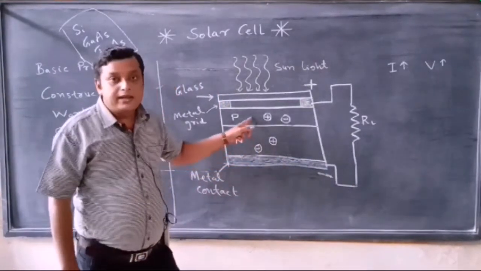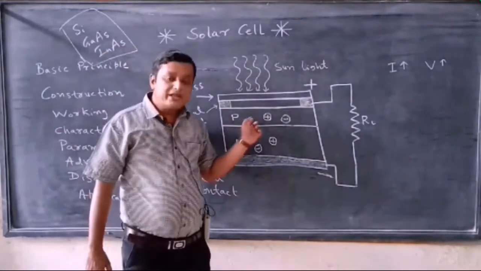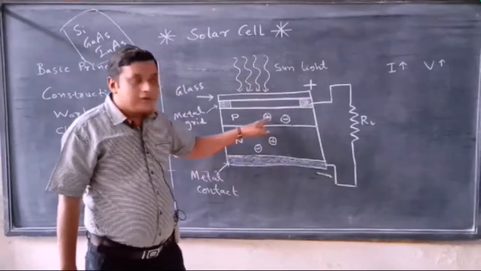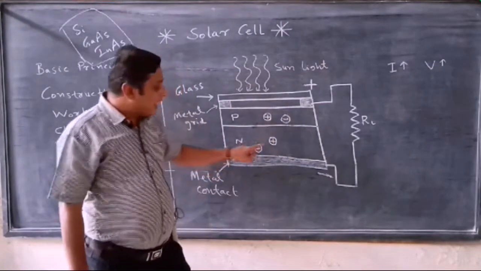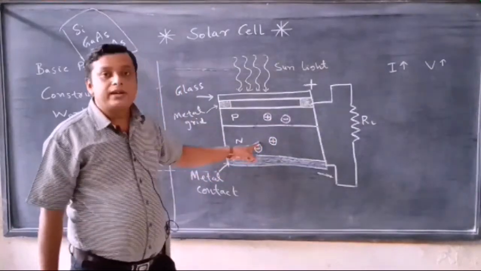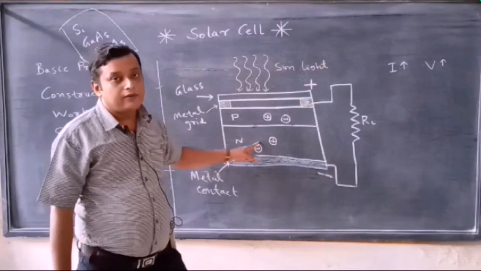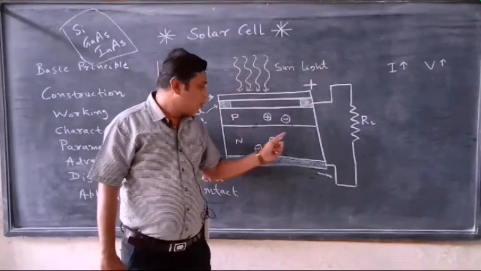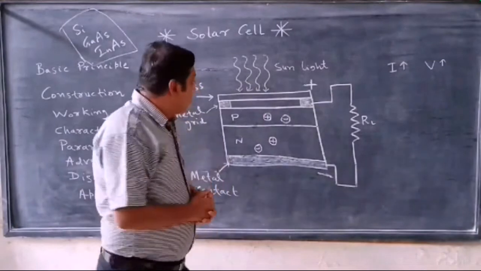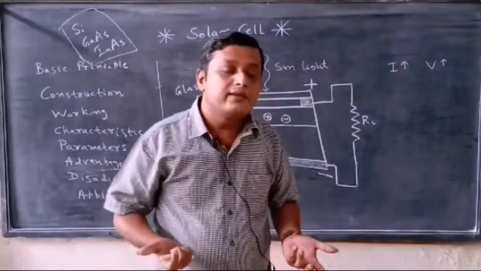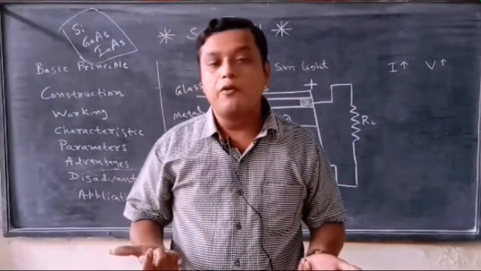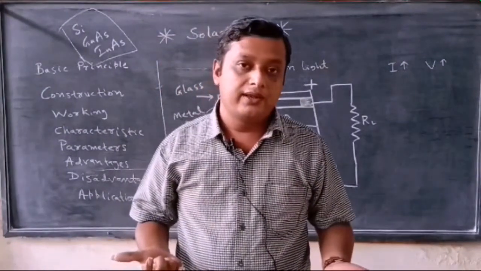P-type semiconducting material has holes as majority charge carriers and electrons as minority charge carriers. In n-type semiconducting material, the majority charge carriers are electrons and the minority charge carriers are holes. In the depletion barrier, there is no majority or minority charge carrier.